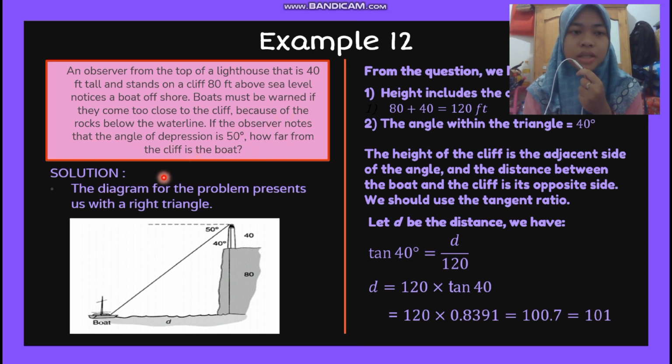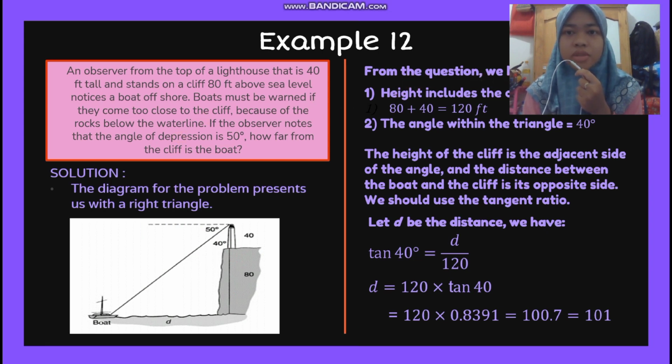In the solution, the diagram for the problem presents us with a right triangle. This is the triangle, and this is the boat and its height, and this is the diagram for the question.